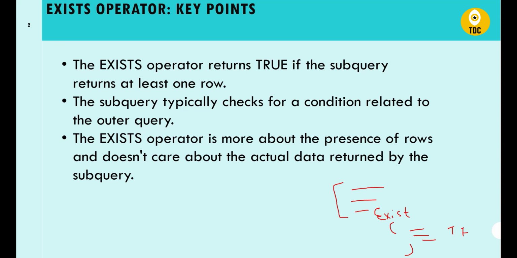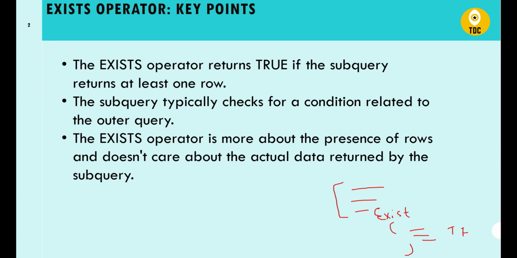The EXISTS operator is more about the presence of a row, not the value or the data. So it doesn't matter whether you give SELECT *, or SELECT 1, because it doesn't care about the value. It just cares about the presence of rows, and that should be one or more.